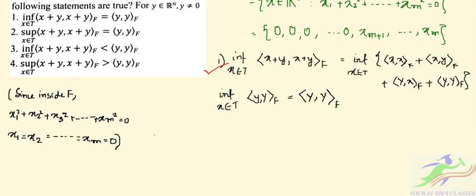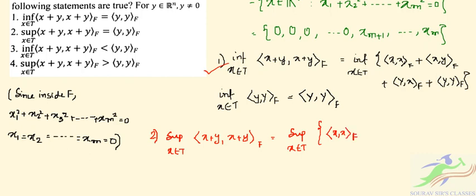In option 2 we have been given the supremum over x, an element of T, of the inner product of x plus y over f. Similarly we can write the inner product of x comma x, x comma y, y comma x, y comma y.